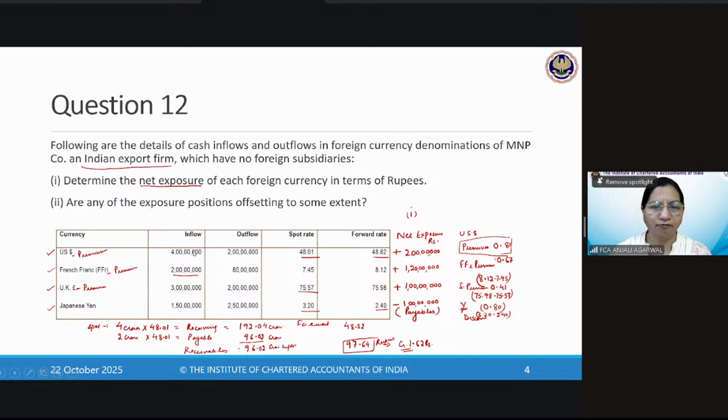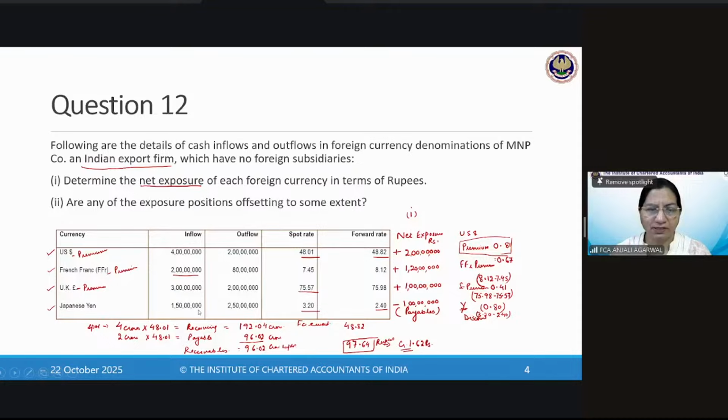So here there is a net inflow of 2 crores, 1.2 crores, and 1 crore. And in all these three currencies, the forward rate is more than the spot rate. 48.82 is greater than 48.01. 8.12 is greater than 7.45. 75.98 is greater than 75.57. So luckily, in all these three currencies, the exporter will stand to gain. Why? Because the currency is at premium. The receivables are in a different currency, and that currency is at premium as compared to the rupee.